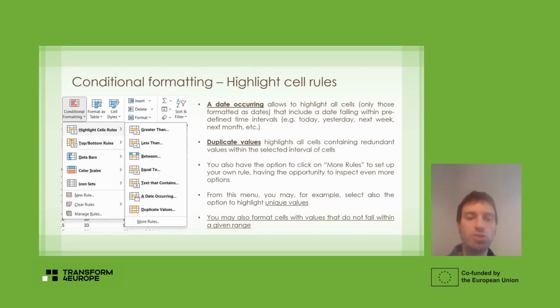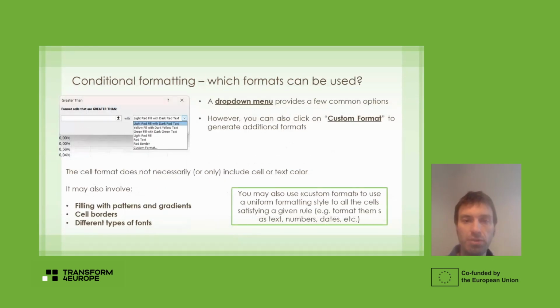And this will allow you to set more advanced conditional formatting options. Well, this is the second part of the options that will be shown to you after you select the type of conditional formatting you want to apply.